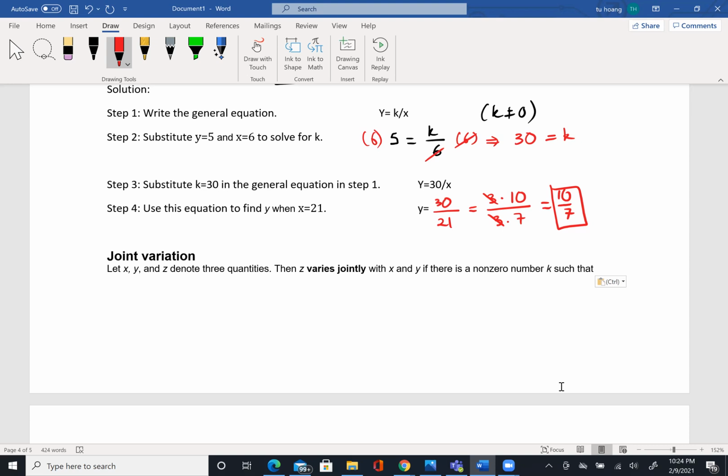Then z varies jointly with x and y if there is a non-zero number k such that z equals k times x times y. I'm gonna circle this one.